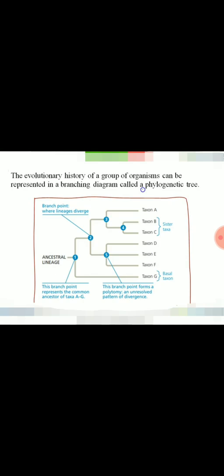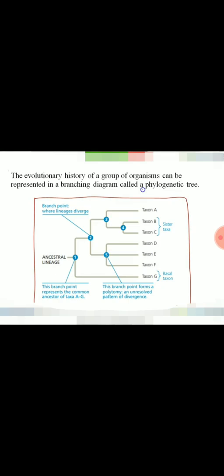It is the tip of the branches, which represents the taxa. Point 5 and point 3 are branch points from a polytomy, an unresolved pattern of divergence. So many taxa have evolved over here from their one ancestor, taxa A to taxa G.